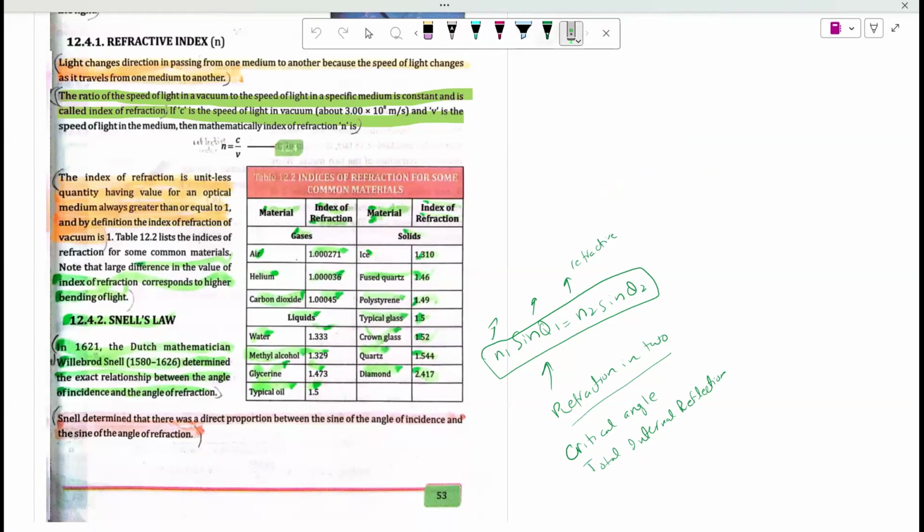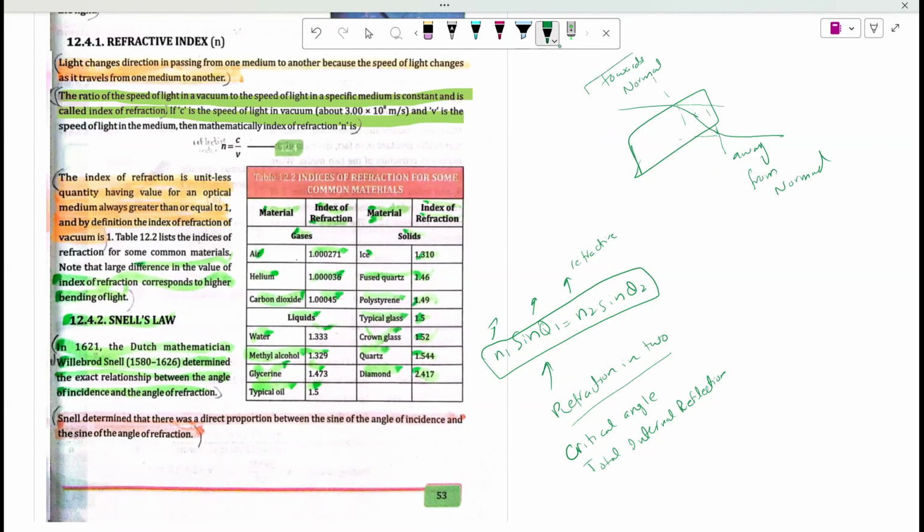In this context हम लोगों ने ये बात करना था कि away from normal. Basically अगर हम इन रेस को थोड़ा सा आगे ट्रेस बैक सीधा ले जाएं, so we would be able to show कि ये away from normal bend होगा and this would be towards normal.